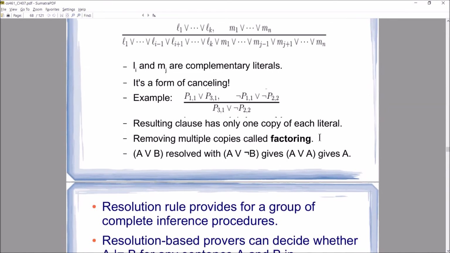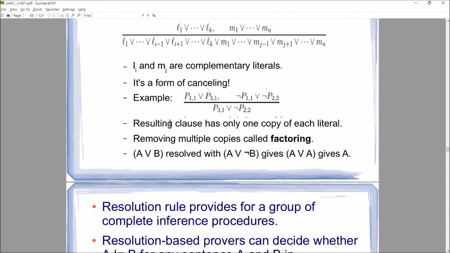Okay? Now, resulting clauses, and I keep saying sentences and clauses. Let me clarify really quick, right? A clause is a sentence that has nothing but disjuncts in it. So A or B or C or D or E, that's a clause, okay?